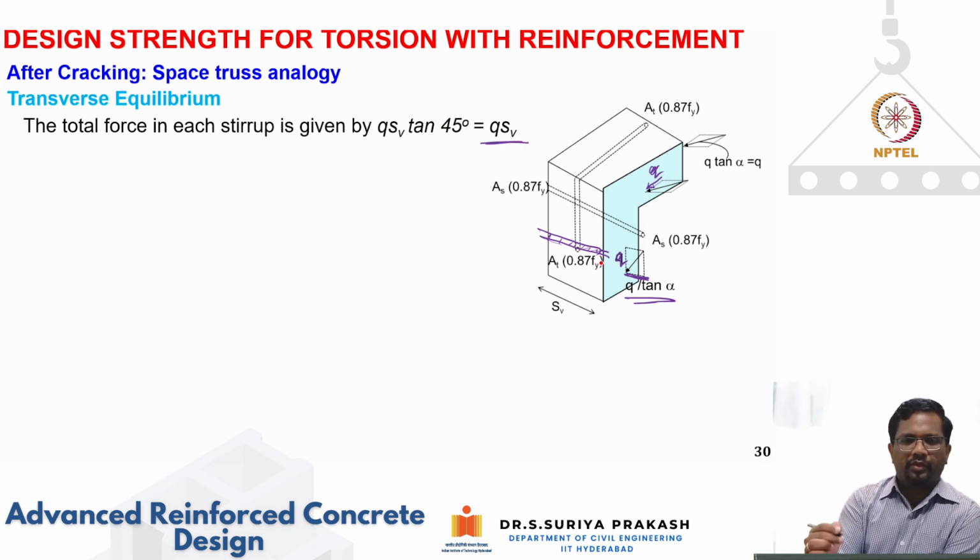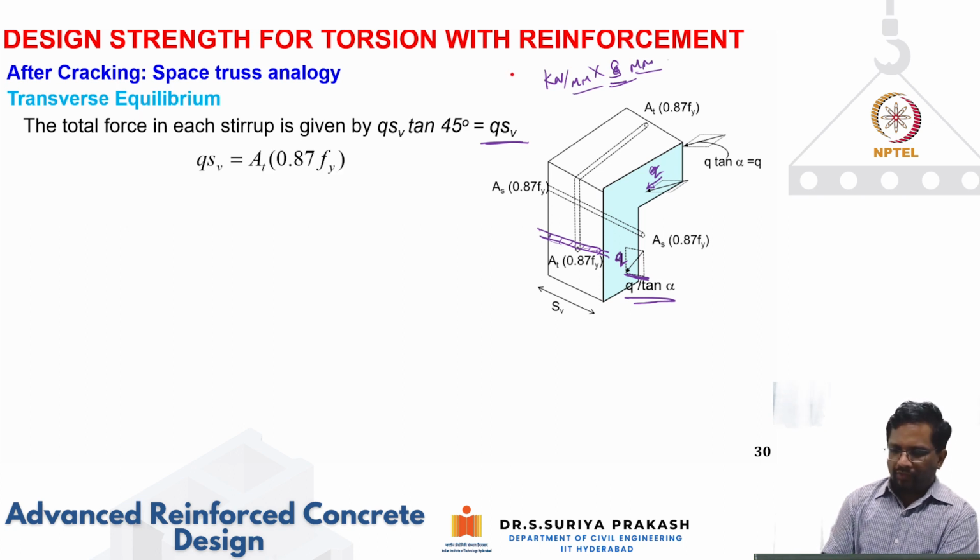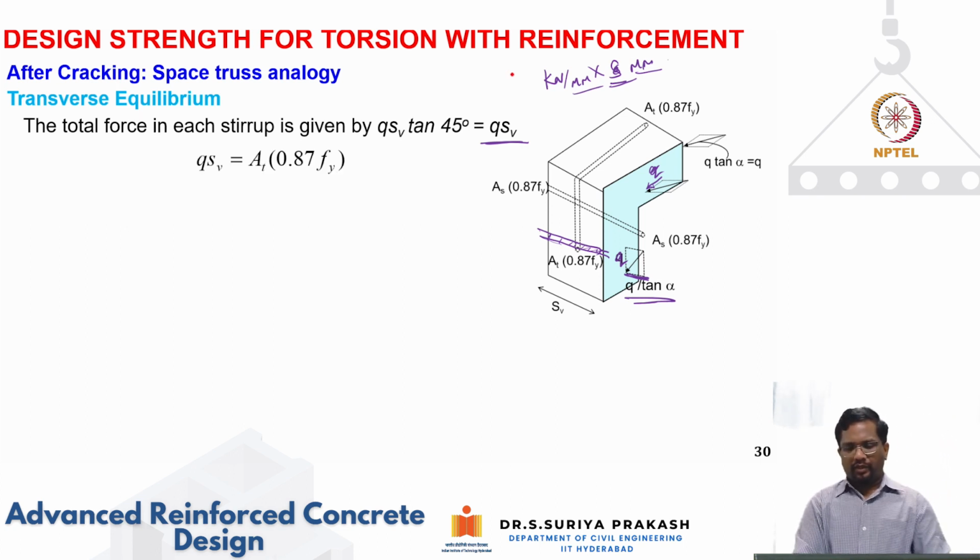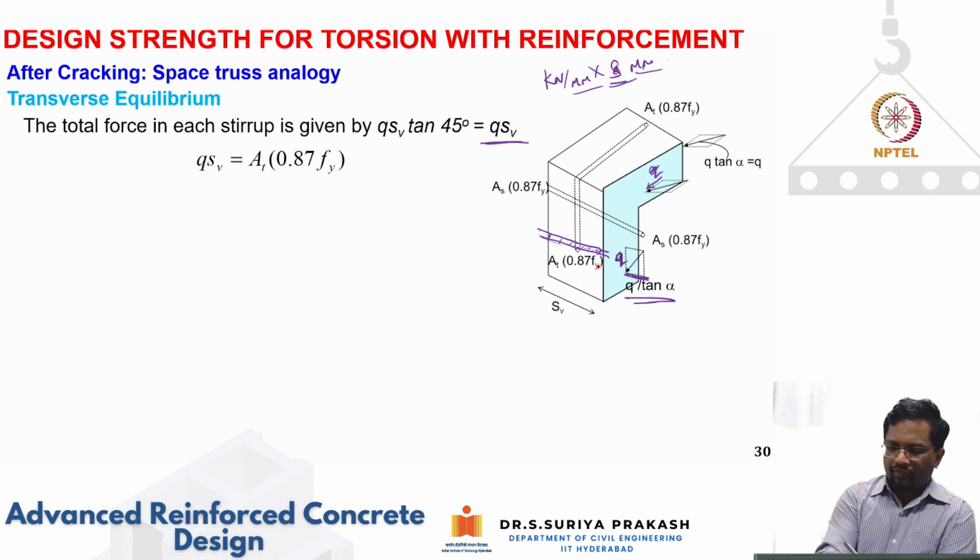Q is anyway what? Shear flow. What is the unit for shear flow? It is basically kilonewton per meter or millimeter. When I multiply by spacing, which is again in millimeter, I get my force, in kilonewton. So that vertical force is Q into Sv.